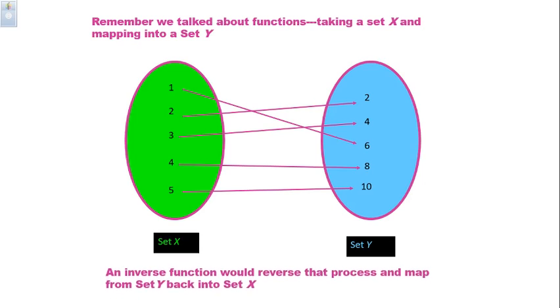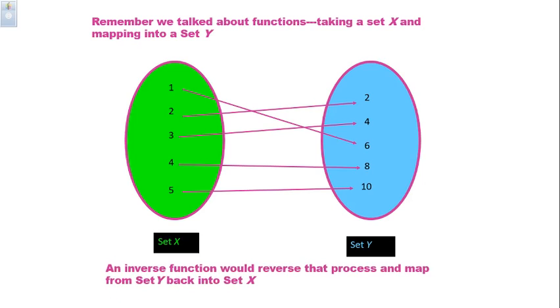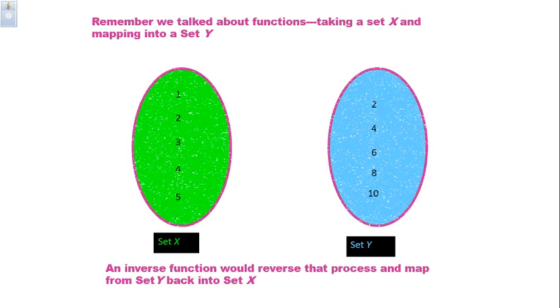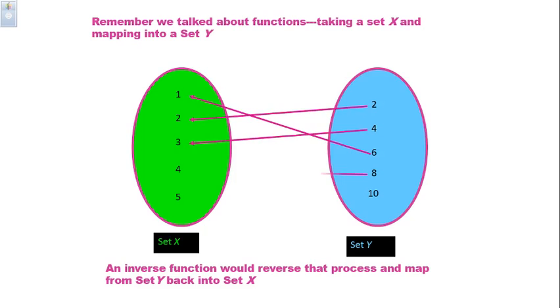Now, the inverse of a function takes the y values back to their originating x values. So in this case, the 6 will go back to the 1, the 2 will go back to the 2, the 4 goes back to the 3, the 8 goes back to the 4, and the 10 goes back to the 5. If the inverse of the function is also a function, then we call it the inverse function.